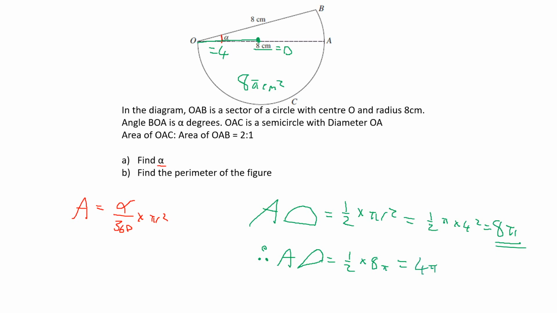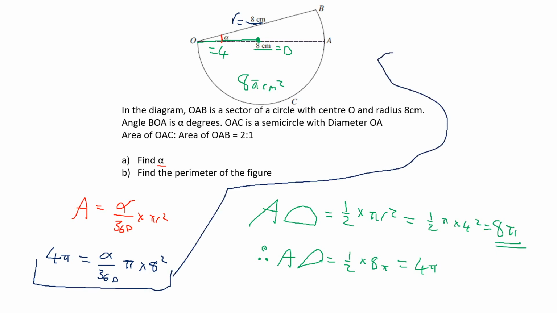Now, this time we're going to substitute this in for our area. So 4 pi is equal to alpha over 360, times pi, times, and then we know that the radius is 8, so it's times 8 squared. And now we can solve this equation. I'm going to do this up here just so I can get some space.